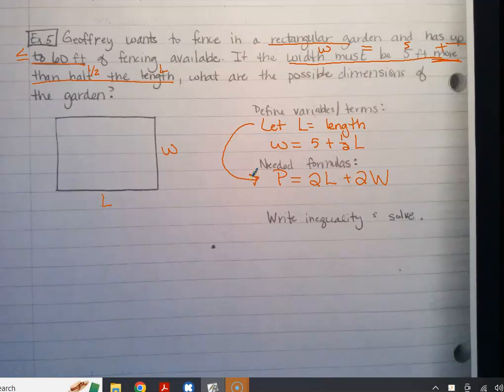Because you said the perimeter can be up to 60 feet, which means less than or equal. So would it be better if we put the 60 at the end? Yeah. Okay, so let's change this and write 2L plus 2W equals the perimeter. That way we can say, well, it has to be less than or equal to 60. Does that make sense? Like we can put it on the other side so it makes more sense in the way we're reading it.